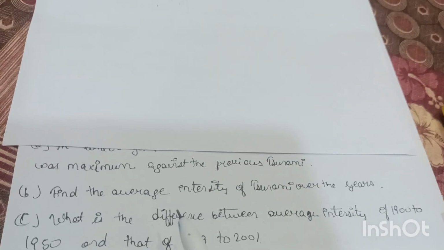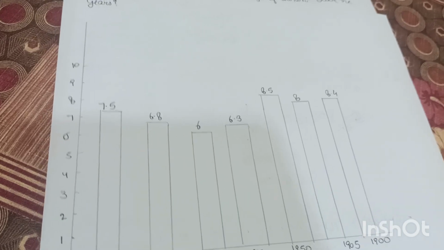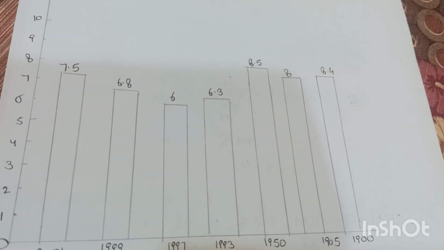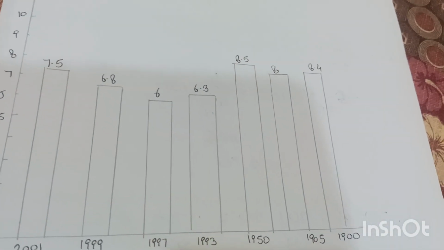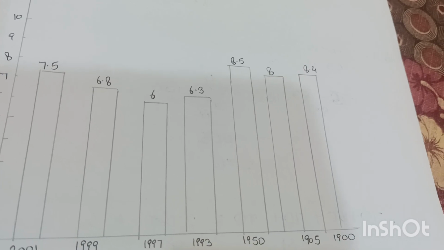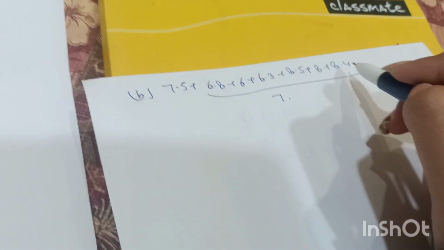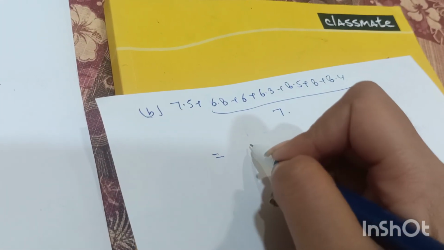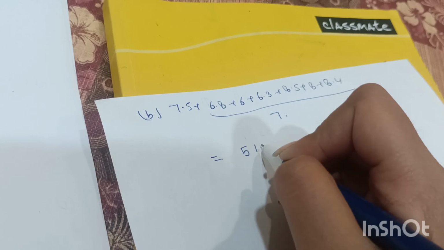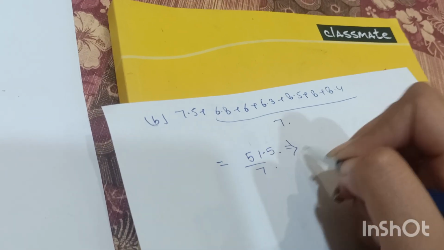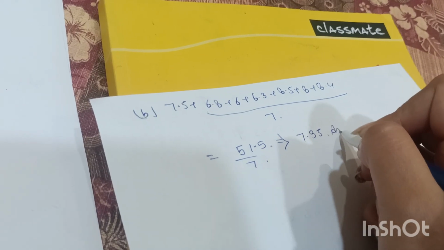Now for finding the average intensity, you have to add all of this. So you can do it like this: 7.5 plus 6.8 plus 6 plus 6.3 plus 8.5 plus 8 plus 8.4, and the value is upon 7. So after solving it out you will get the value as 51.5 upon 7. So when you will cancel it out you will get the value as 7.35, and this is the answer.